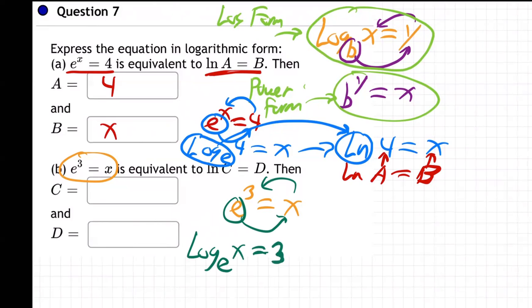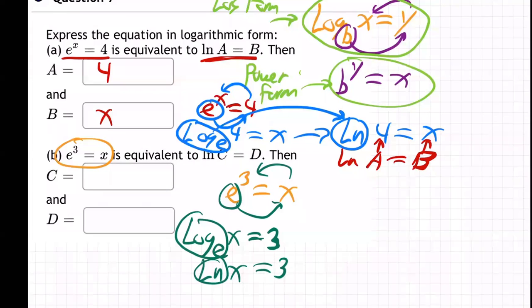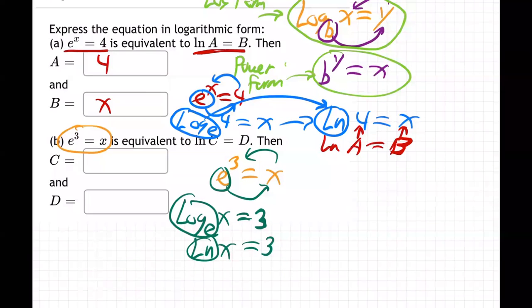You make the inverse function. Logs and powers are inverses. And then log base e, that's ln. Log base e is the same as ln. Now I've got the format they wanted, ln of c equals d. So c is x, d is 3.